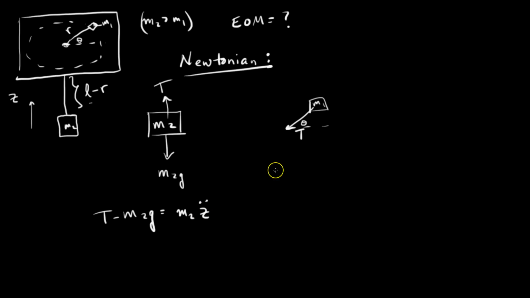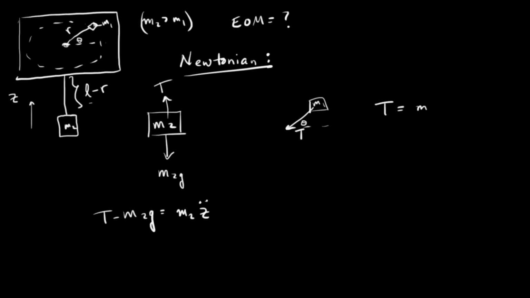And for block 1, we can look at the tension in the radial component and the vertical component. Tension is only in the radial direction, so T is going to be equal to mv squared over r.